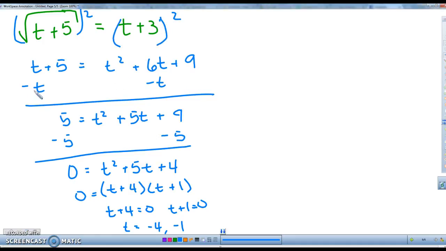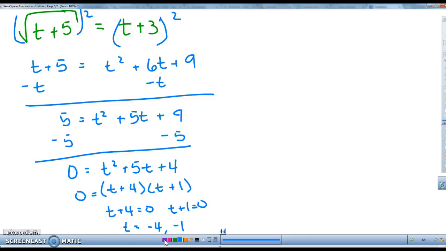Then I subtracted things over so that eventually I got 0 equals a polynomial. This polynomial was a little different to factor because it wasn't like I took just the t out. I actually broke down and factored this into t plus 4 and t plus 1. I set both factors equal to 0, so t plus 4 equals 0, t plus 1 equals 0, and solve for my t value. So I got -4 and -1.